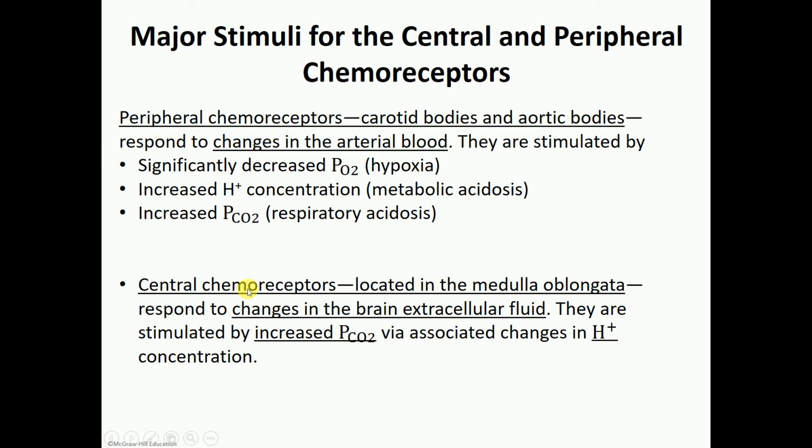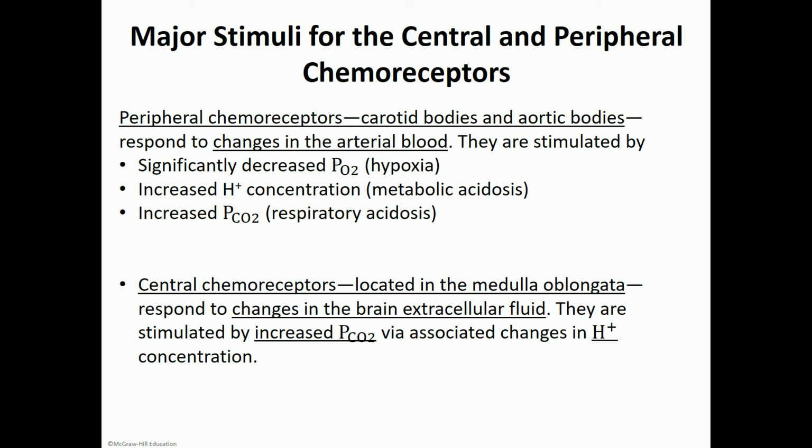As for the central chemoreceptors, those are found in the medulla oblongata, and those are affected by the changes in pH levels. So their main stimulus is the accumulation of carbon dioxide, but carbon dioxide cannot pass the blood-brain barrier.